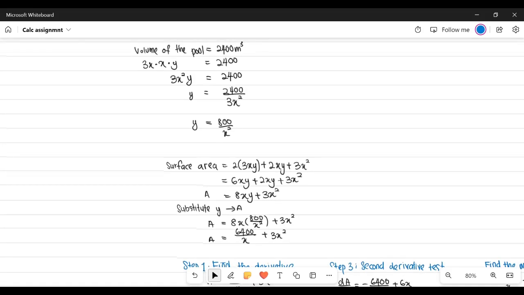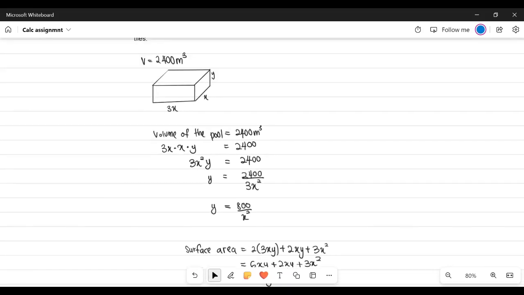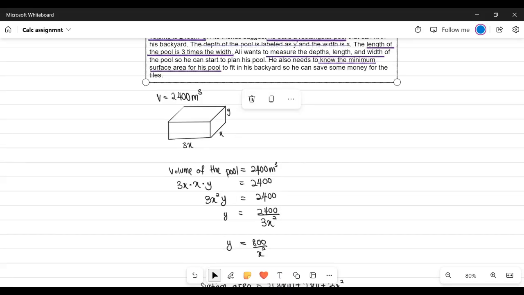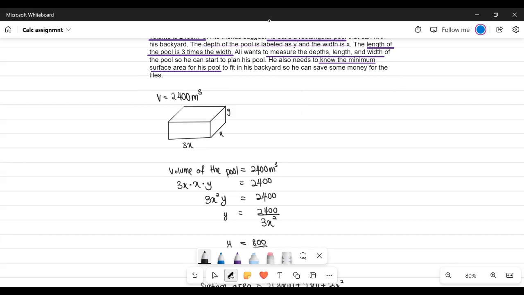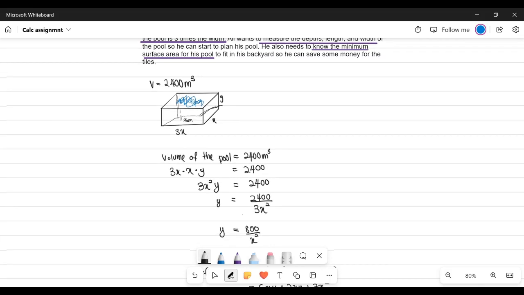Now we have to search for the surface area. For the surface area, this pool has an open top, which is where the water will fill in the pool. So the surface area will be counted from the front and back, the two sides, and the base of the pool.